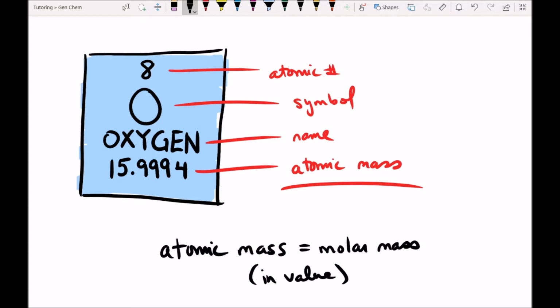Sometimes it's called atomic weight or relative atomic mass. And if we're doing a conversion from grams to moles, we use the molar mass of oxygen, which is 15.9994, with the units grams per mole. Okay, and we're going to use that in our conversion.